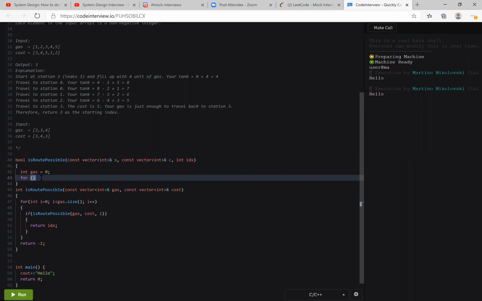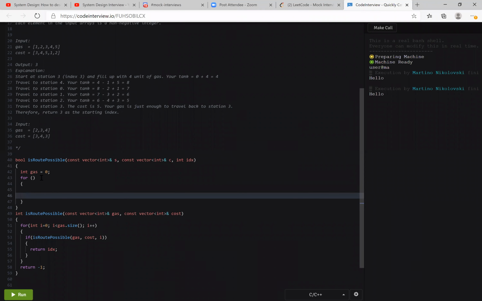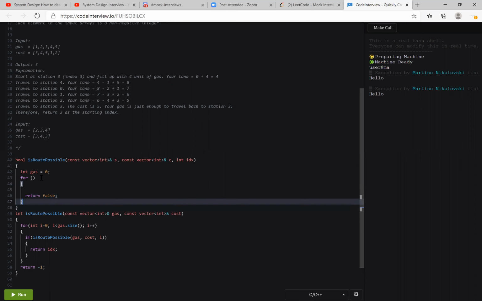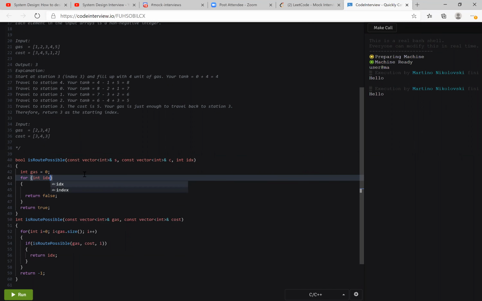So we are going from start to this thing and just maintaining the gas. If we come back, then we are starting from idx. So we are traversing from start to size, i plus plus.